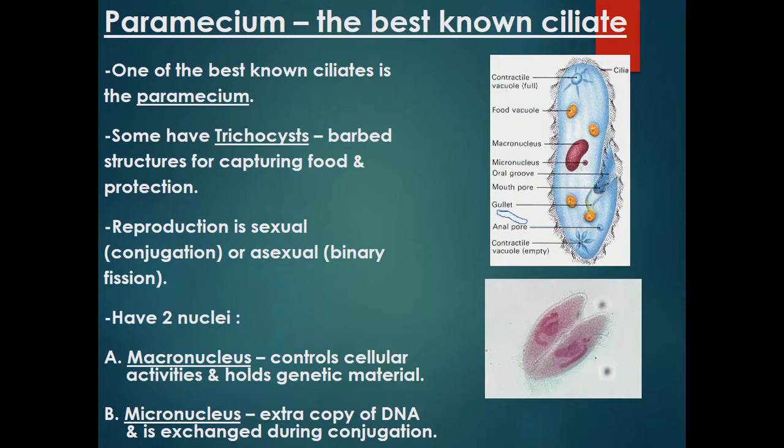Now, in ciliates, aside from having cilia, they have two nuclei, one macronucleus and the other micronucleus. Each nucleus performs a specific function. The macronucleus holds the genetic material and controls the cellular activities.